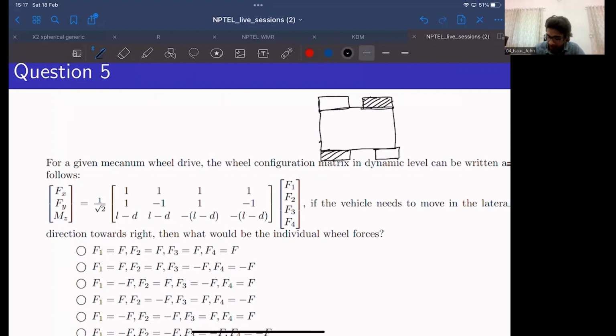First and third will have the same direction of passive rollers, and second and fourth will have a different direction of passive rollers. We'll also have a body fixed frame, x-axis, y-axis, and also the z-axis. This would correspond to the left side, and this would correspond to the right side. This would be the longitudinal direction, and this would be the lateral direction.